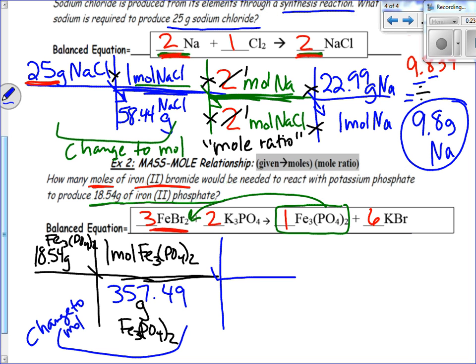So I'm going to diagonal down my moles of my Fe3(PO4)2 here. And I'm going to which one? I want this guy, right? The FeBr2.